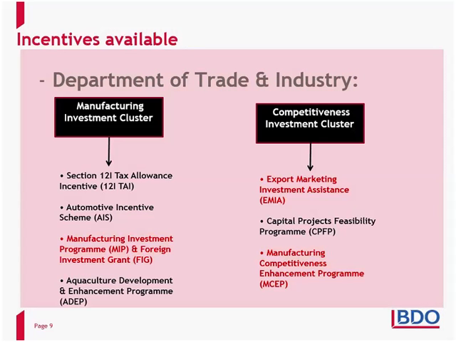The DTI also have a Manufacturing Investment Cluster, which administers the Section 12I Tax Allowance Incentive, as well as the Automotive Incentive Scheme, as well as the Manufacturing Investment Program and Foreign Investment Grant, which I'll go into in more detail shortly. And then the Aquaculture Development and Enhancement Program is also administered by the Manufacturing Investment Cluster.